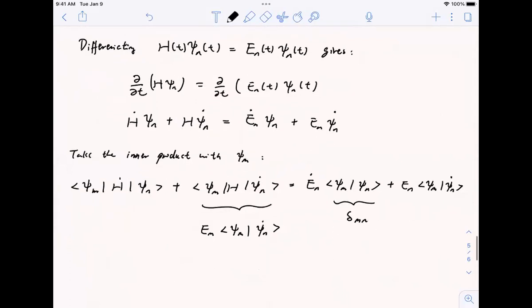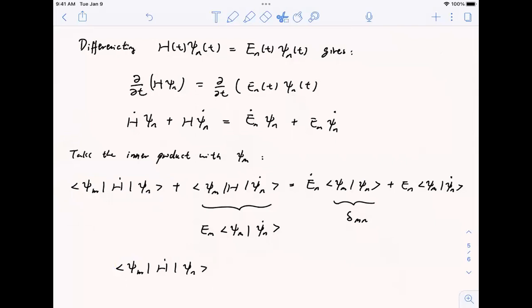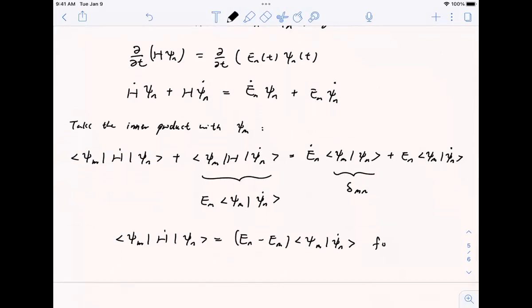Eventually you get this equal to this thing minus this thing, so En minus Em, for m not equal to n. We only consider m not equal to n here, so that this term is 0.